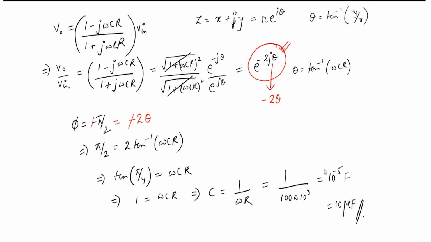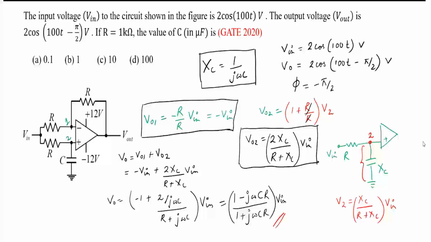So if I try to summarize why I included this question: whenever you have any capacitor or inductor in the op-amp circuit, you treat this capacitor as a kind of resistor whose impedance is 1 by j omega C. And you use the same inverting, non-inverting formula which you have done for the case of resistor.